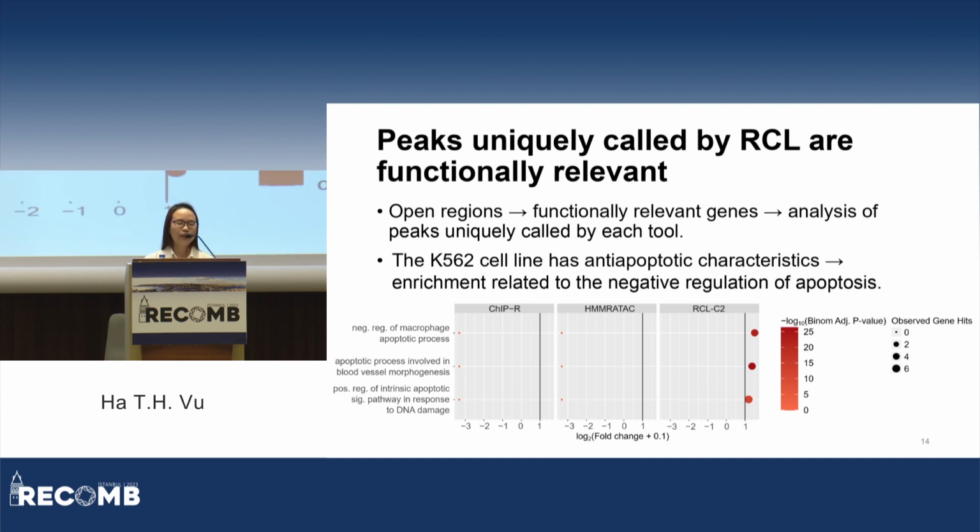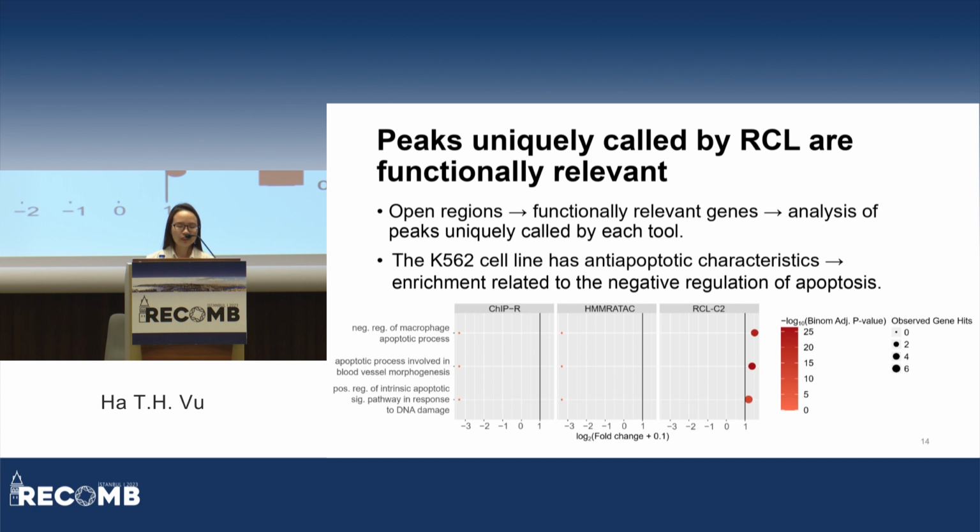On the screen, I'm showing an example of the K562 cell line, which has anti-apoptosis characteristics. Therefore, we expect that the open regions would be associated with genes with anti-apoptosis characteristics and enriched for terms such as negative regulation of apoptosis.